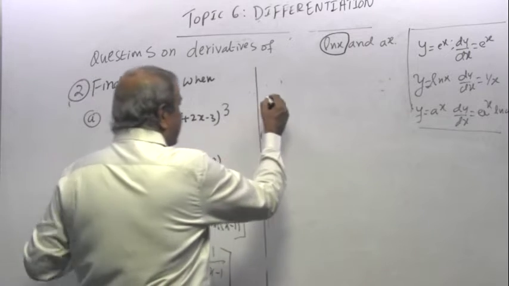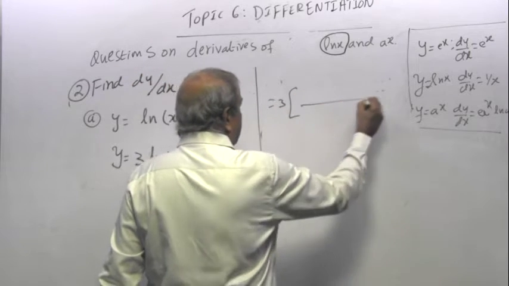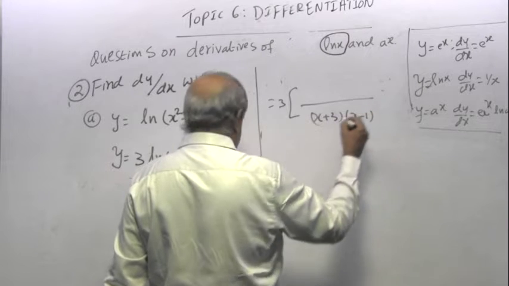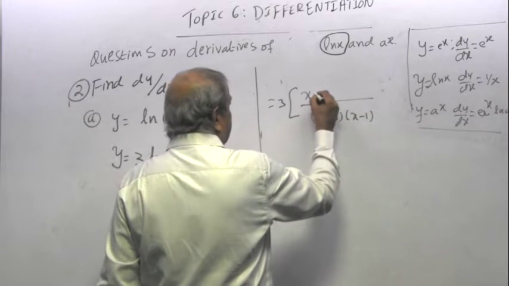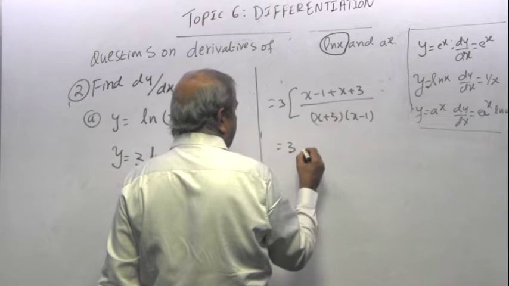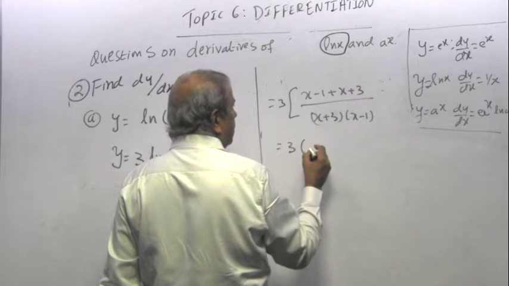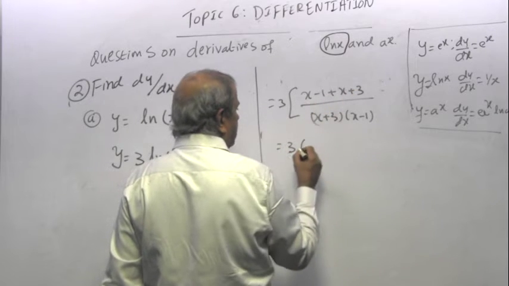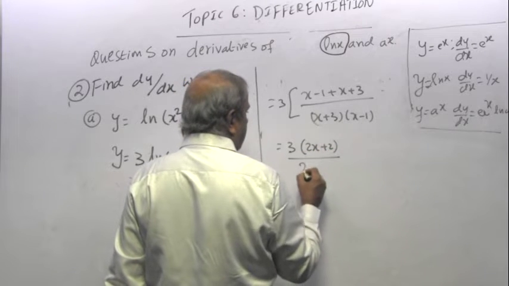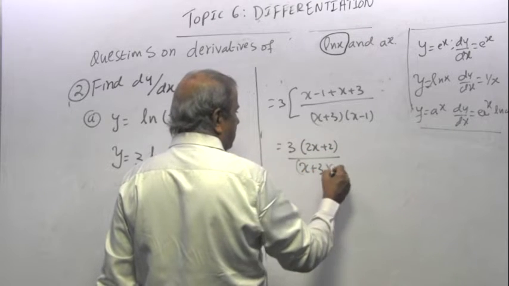Now I can take LCM, 3 times. The LCM is (x plus 3) times (x minus 1). It's x minus 1 plus x plus 3. So 3 times 2x plus 2, over (x plus 3) times (x minus 1).